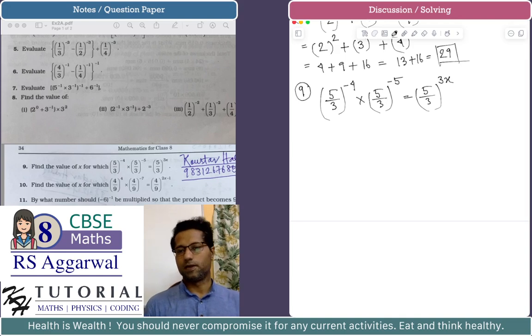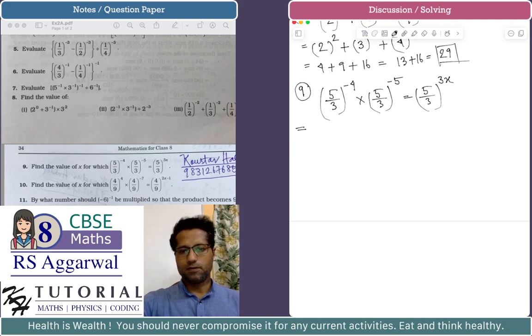Now since on the right hand side the power is unknown, we can see that the bases are all same. On the right hand side the base is 5 by 3 and on the left hand side we have a product of two exponential forms, and in the two terms of the product, the base is also 5 by 3. So we have to convert the LHS and the RHS in the exponential form where both will have the same base 5 by 3.